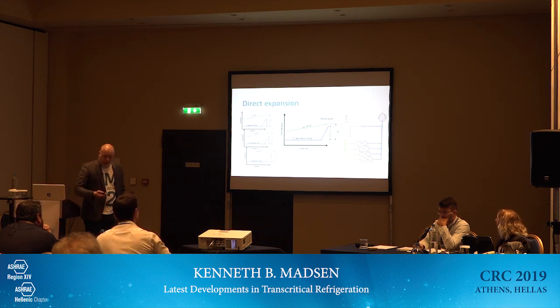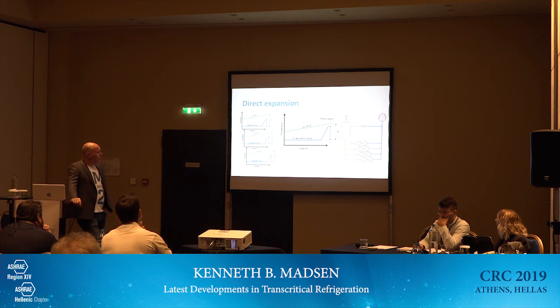If we take a normal evaporator with direct expansion, you can see that the most loaded evaporator is the one where we have the smallest temperature difference, which is basically between ingoing air to the evaporator and outgoing CO2.